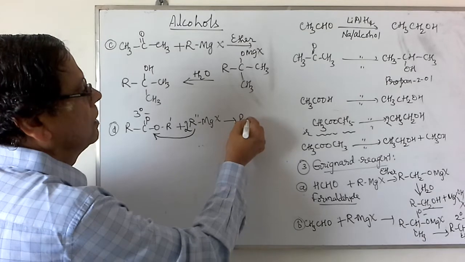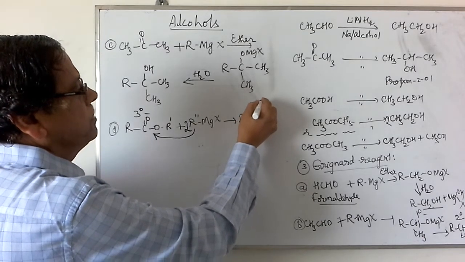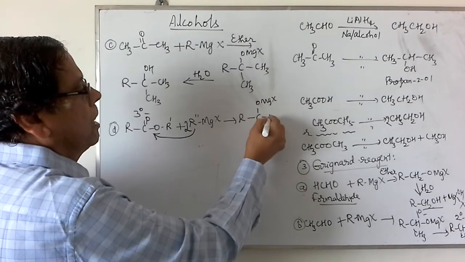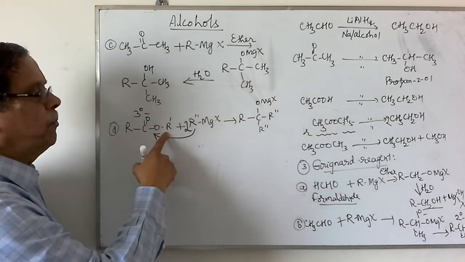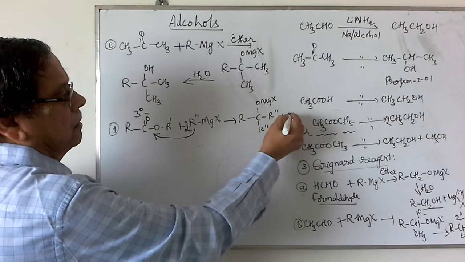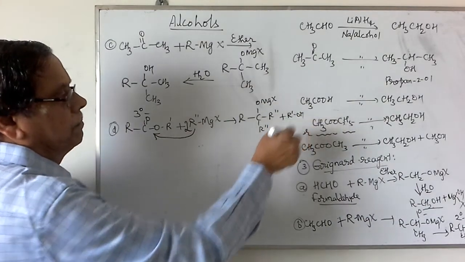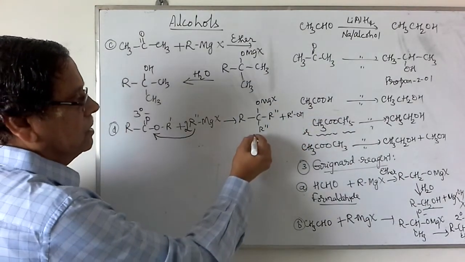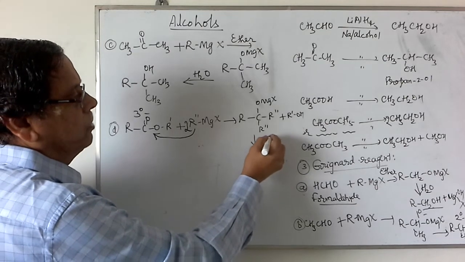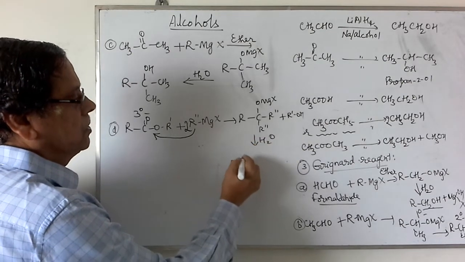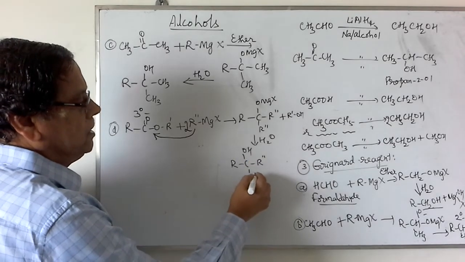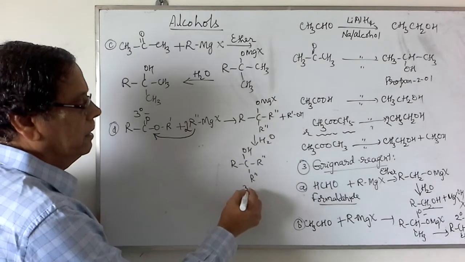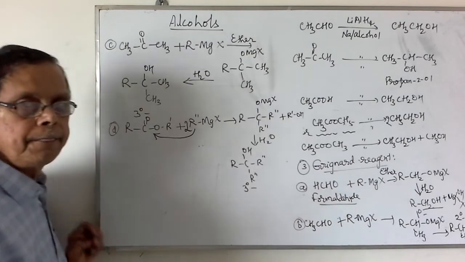So it will give rise to R, C, OMgX, R'', R''. The R' group will go as R'OH, and this on hydrolysis will give rise to R, COH, R'', R''. This is again a tertiary alcohol.